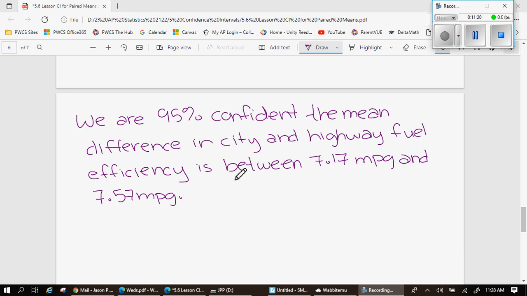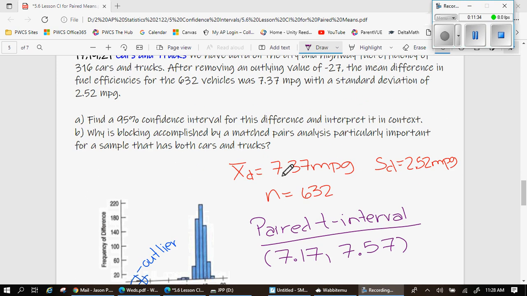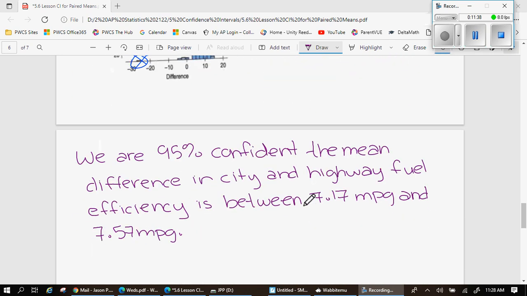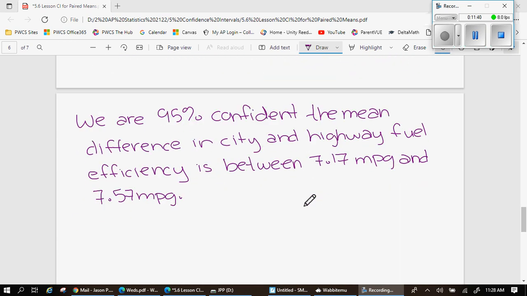I think one of the mistakes people make is they sometimes reference the sample in their conclusion. We're not trying to make an interval for our sample. We know the mean difference in city and highway fuel efficiency for our sample. We know what it is. It's 7.37. We are trying to draw a conclusion, or make an inference, about the whole population, about all vehicles and the difference between the city and highway.